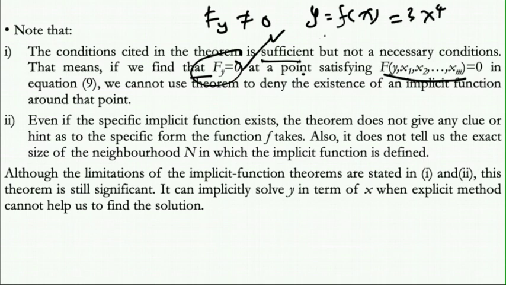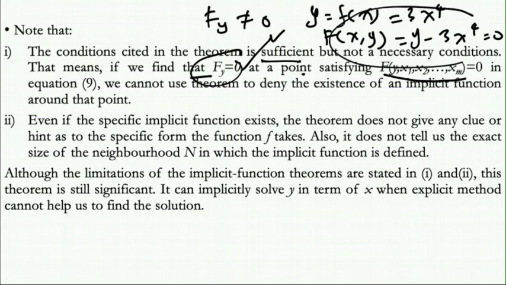And then you write f(x, y) equivalent to 3x^4. Sorry. So here we should write y minus 3x^4 equal to 0. This one is very clear in terms of the shape of the implicit function.